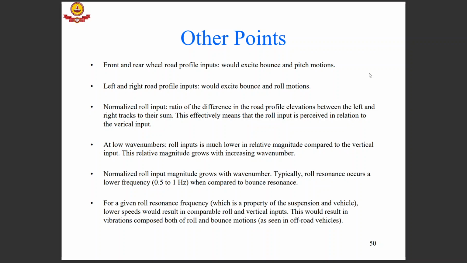Similarly, left and right road profile inputs would excite a roll motion. So essentially, for a given roll resonance frequency, which is property of the suspension and the vehicle, lower speeds would result in comparable road and vertical inputs. This would result in vibration composed of roll and bounce motions.